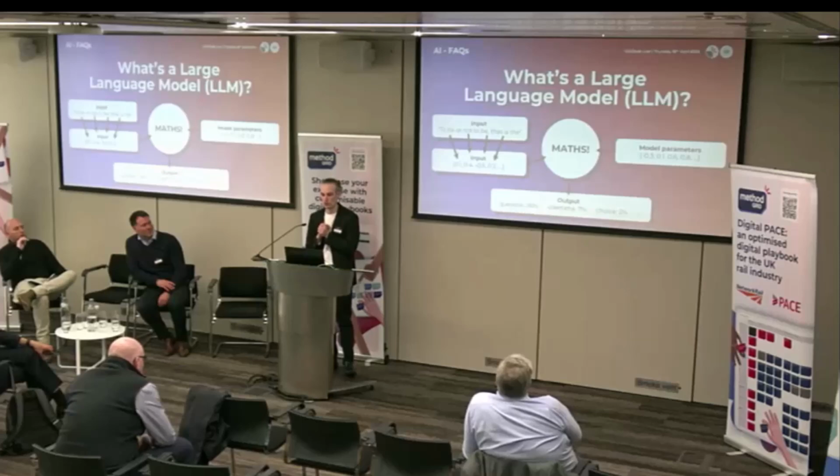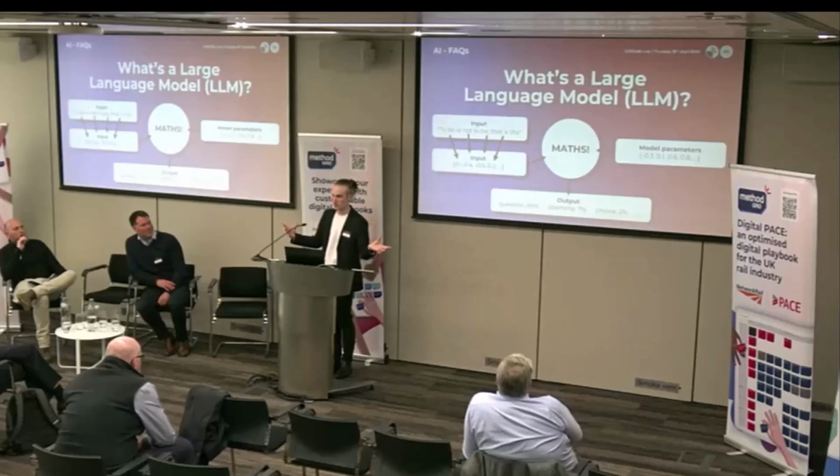So, for example, the numbers that represent the word dog and the numbers that represent the word puppy will be fairly close numerically. Versus, say, the numbers that represent the word France will be further away from the numbers that represent dog and puppy.